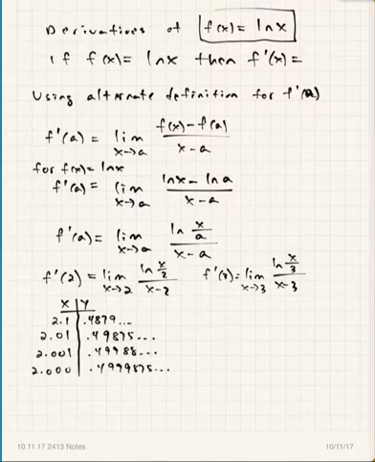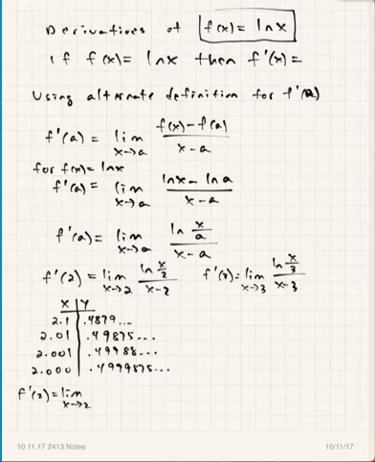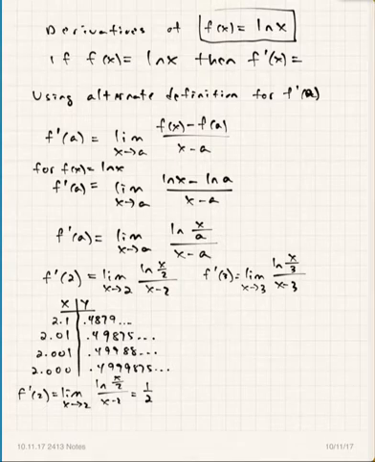And what appears to be true here is that this limit, which is equal to f prime of 2, the limit as x approaches 2 of the natural log of x over 2, over x minus 2, appears to be equal to 1/2, based on my table of values. So all I'm doing is evaluating a limit numerically by substituting values into the function that get closer and closer to my limiting value.